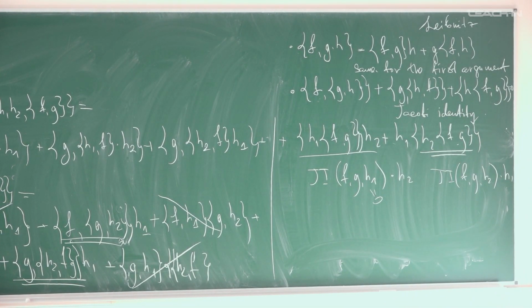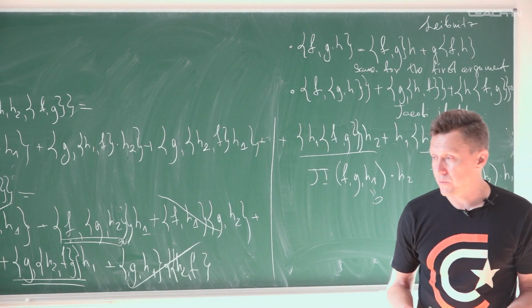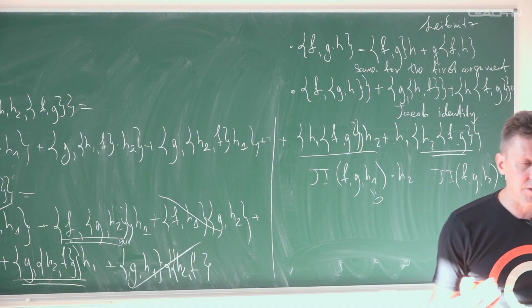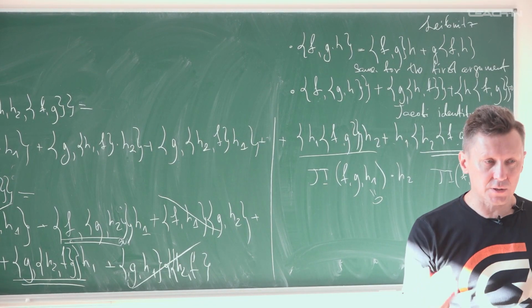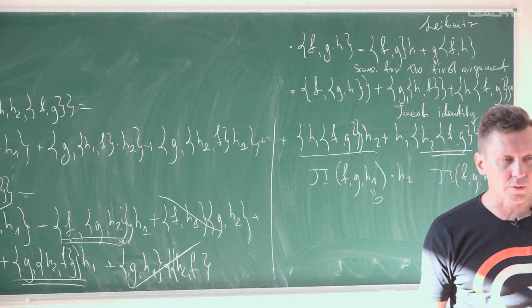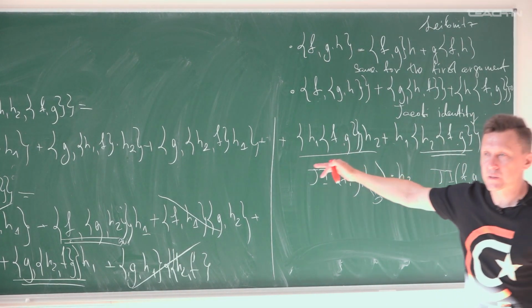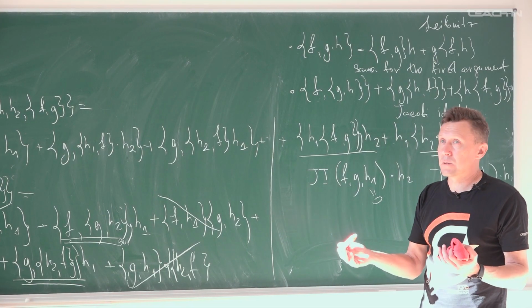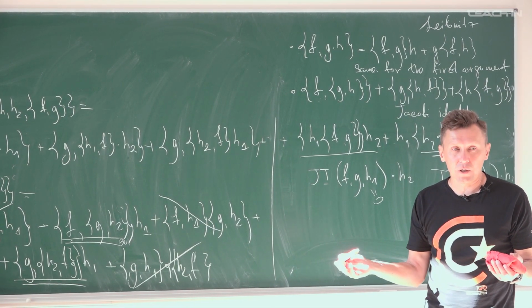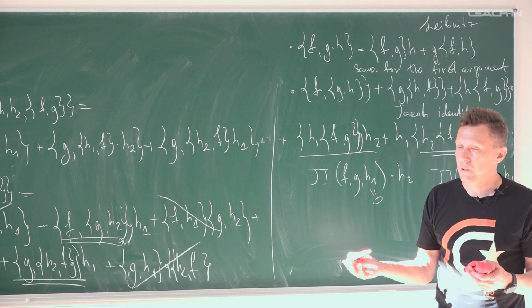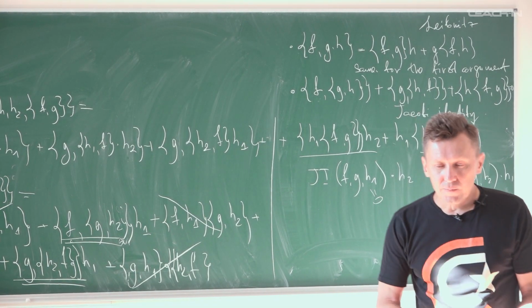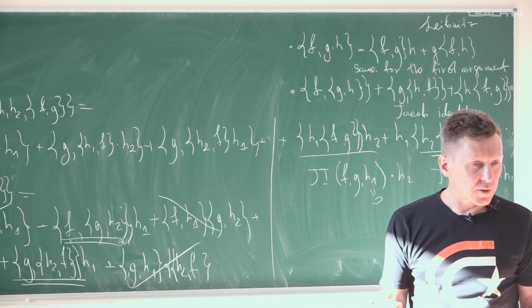We checked the Jacobi identity for the simplest example of Poisson structure, which is the standard Poisson structure on R^2n. But I prefer to demonstrate this technique. It represents the algebraic properties of the Poisson structure. So you see, if you can prove it for linear functions, then it is true for all functions.